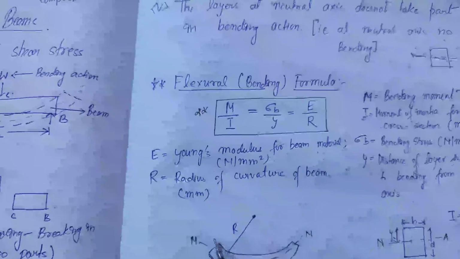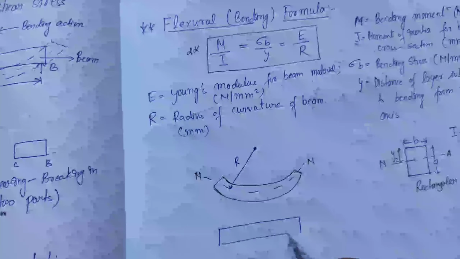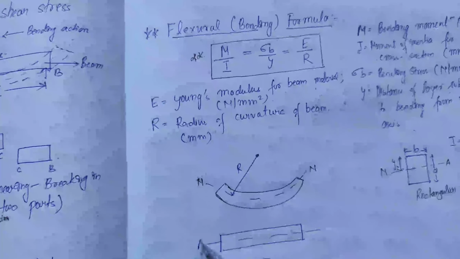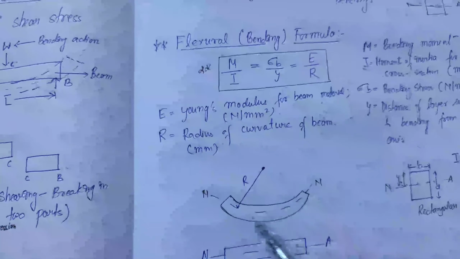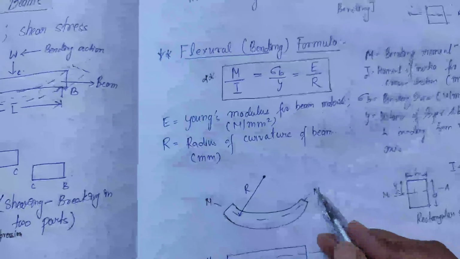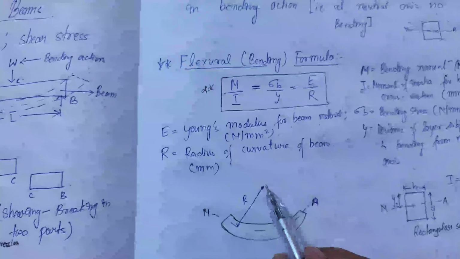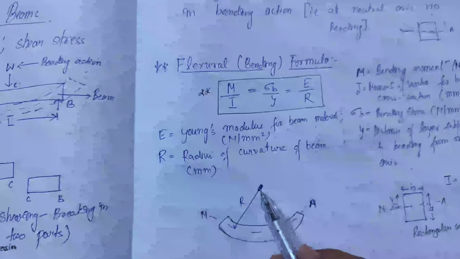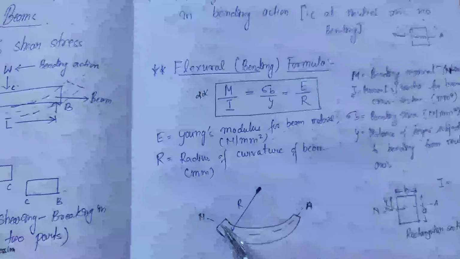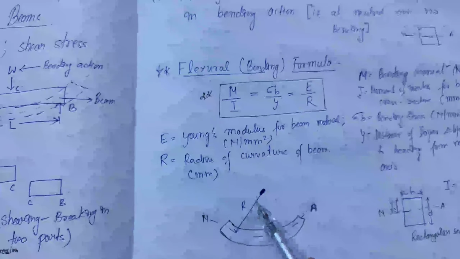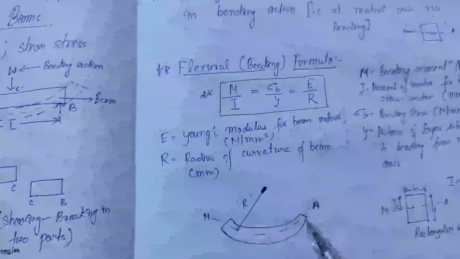Suppose this was my beam, and this is the neutral axis. When I apply a load, the beam gets deflected in this direction. Now this is the new shape of the beam, and this is the neutral axis. If I take a point as a center and draw an arc on this neutral axis, the distance from this center to the neutral axis is considered the radius, making a curvature.